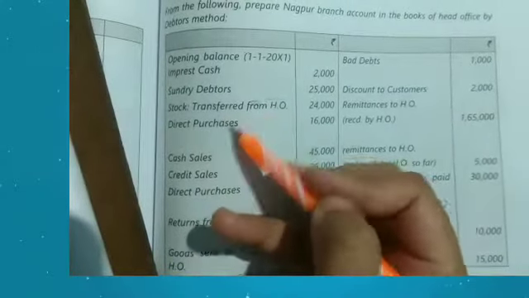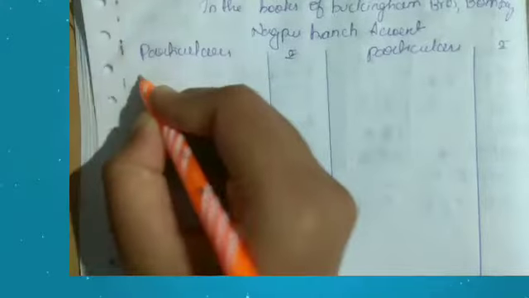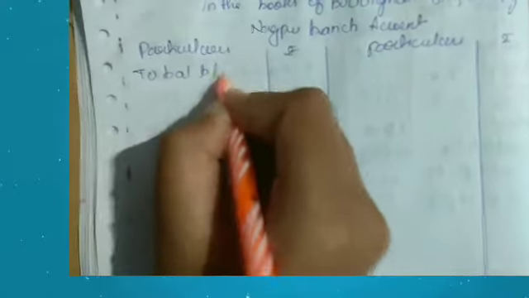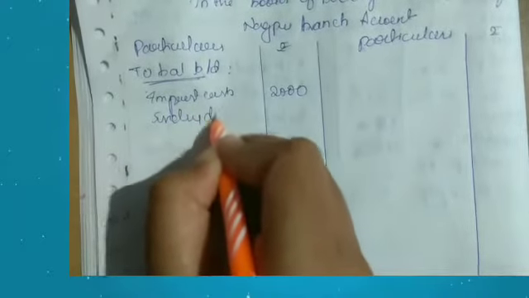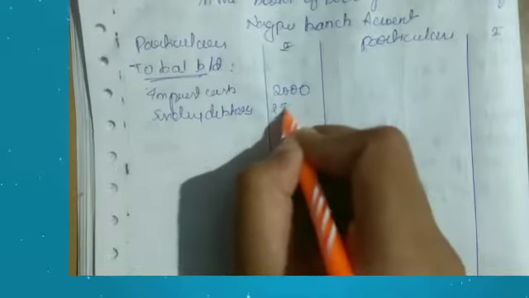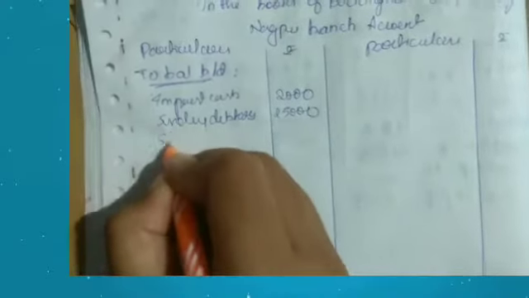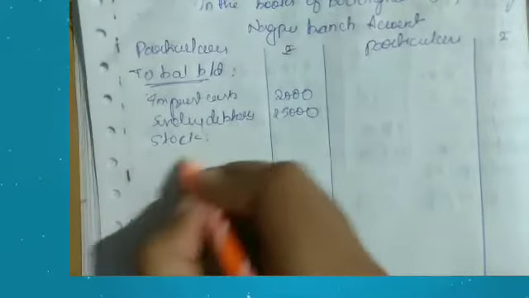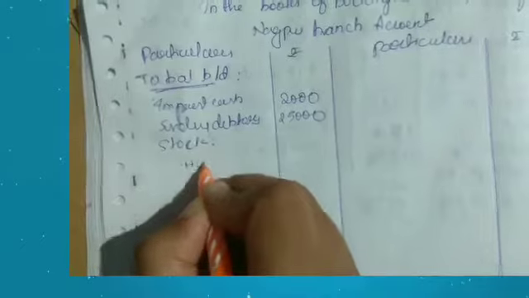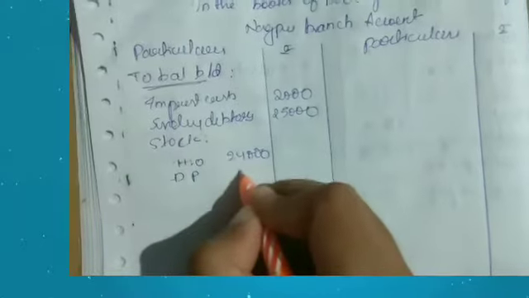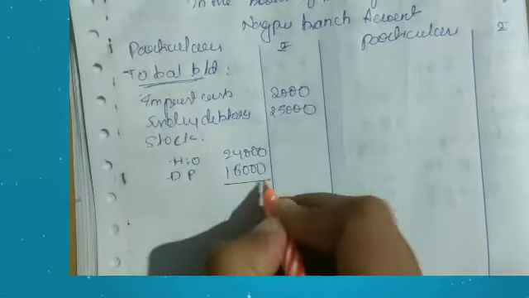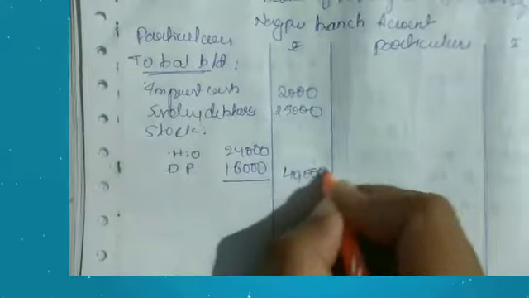In the stock we will add both the transferred from HO and direct purchases, 24,000 plus 16,000, 40,000. Now the opening balance is done.